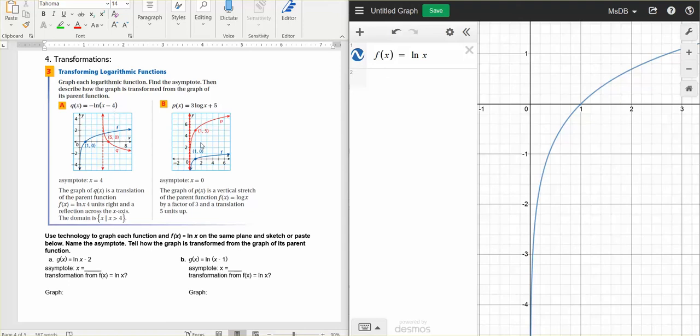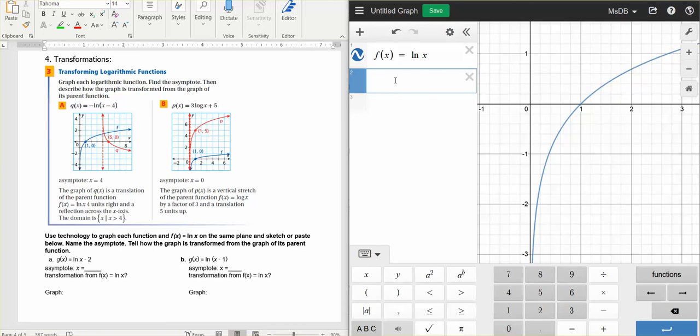So there's another example with the natural log. Let's do letter A, and then you can do B by yourself. I'm going to type in g of x equals the natural log, ln of x, minus 2. I don't want it in parentheses, I just want it like that.